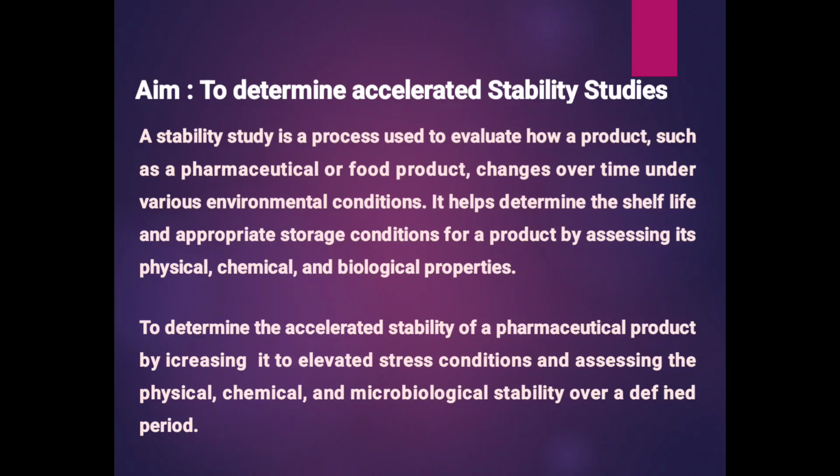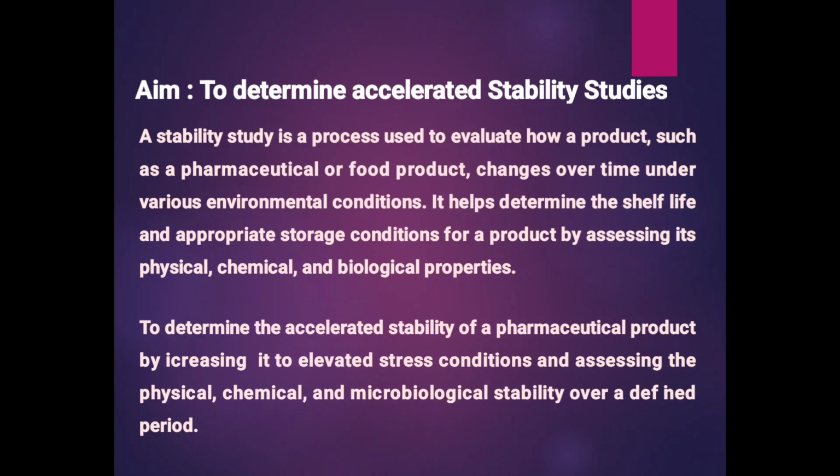Accelerated stability study means increasing the temperature to find whether a pharmaceutical or food product is stable or not, which can be found by evaluating physical, chemical, and biological properties. If the product is stable in different temperature conditions, it is suitable, because stability directly affects the safety of the drug.